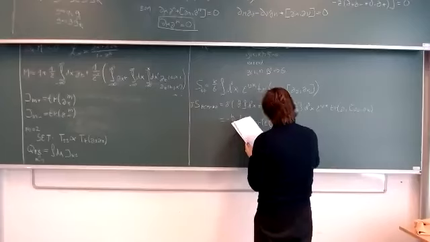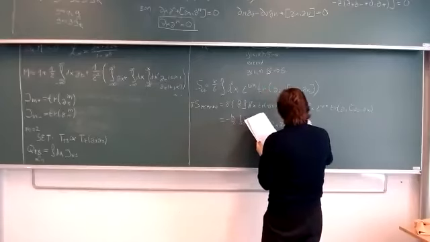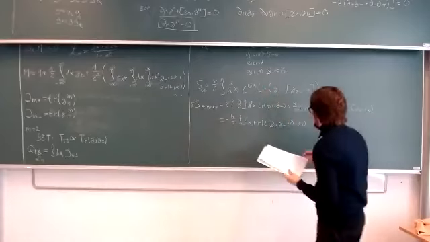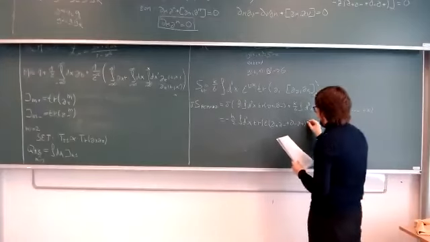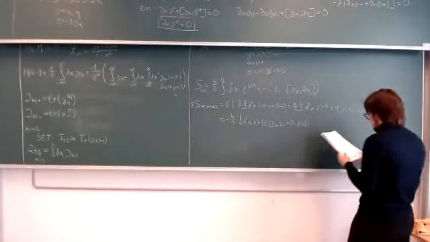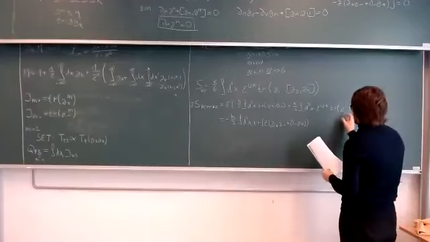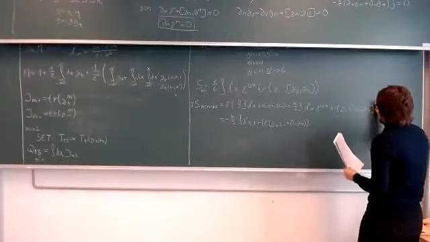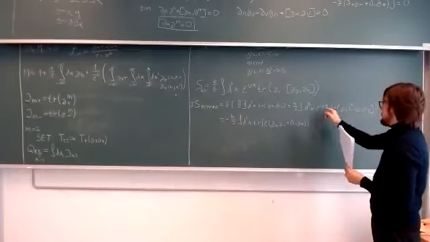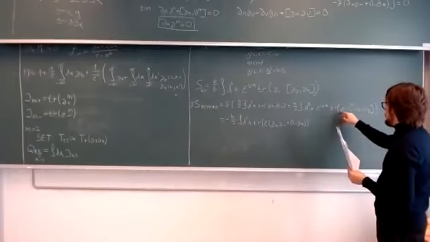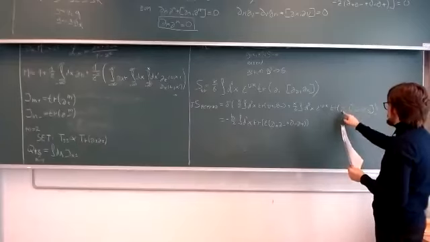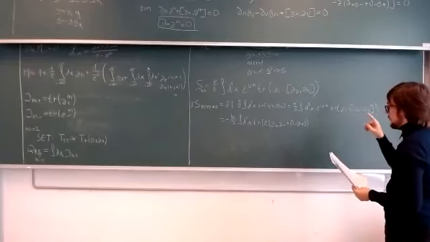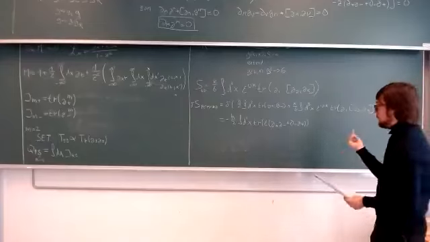Equals J plus. Again, the commutator is 0, and here it will be more complicated. So we can use the symmetry of the indices and this epsilon tensor to see that the variation of each of these will just give me the same thing. So I can just do variation of 1 and multiply by 3.